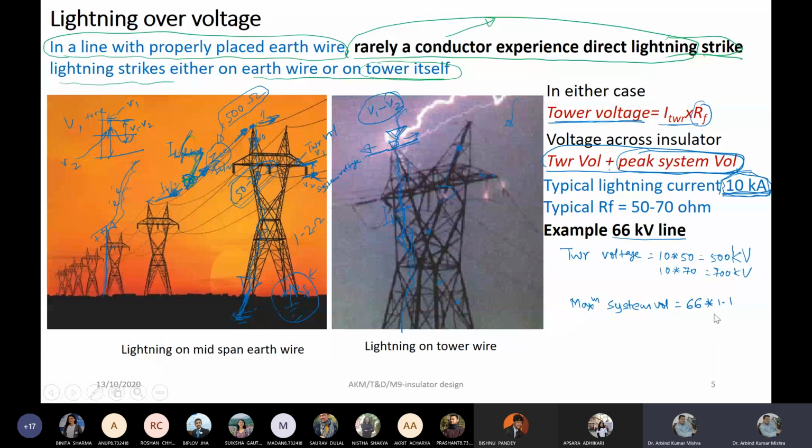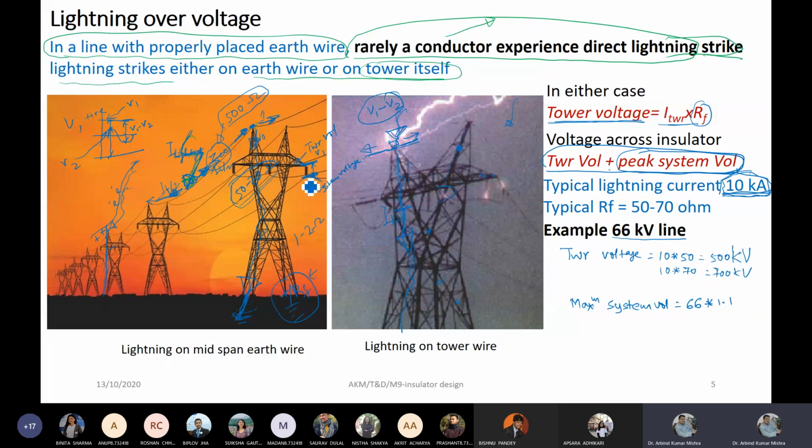Now, one thing I have not mentioned to you yet: whenever we discuss insulation design, we always consider the insulation for the phase peak. Because we often have to insulate that voltage with respect to earth, we consider the single-phase voltage.